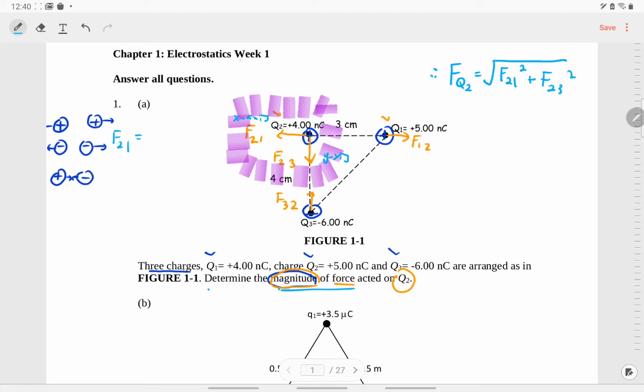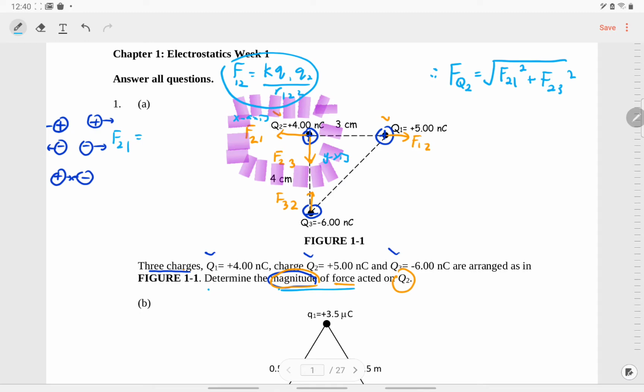By using the general formula, electrostatic force equals to kQ1Q2 over R12 square. Ni macam general equation lah. Ni kalau dia buat label sebagai F12, kita label kQ1Q2 over R12 square.